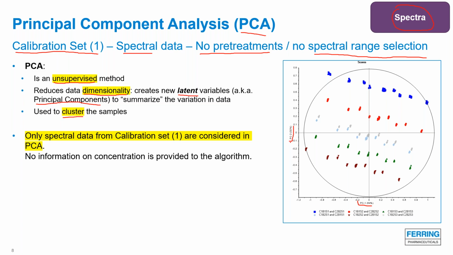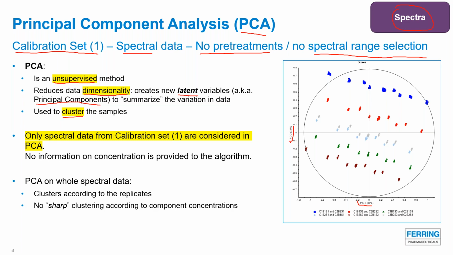What we see on this plot, sorry, is that we have clustered the samples according to the replicates. So you have the blue replicates, the red replicates, the gray, blue, light blue, and green, and here a brown replicate, our 6 replicates.